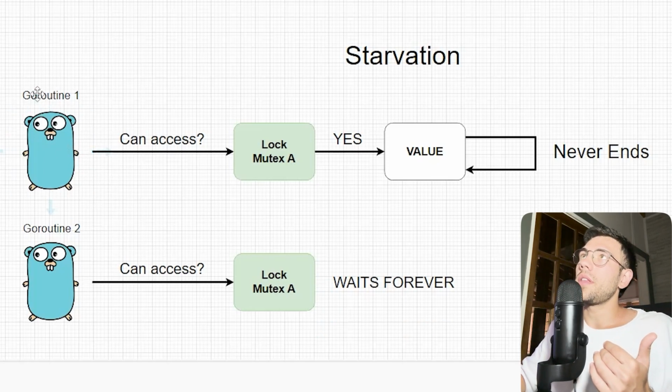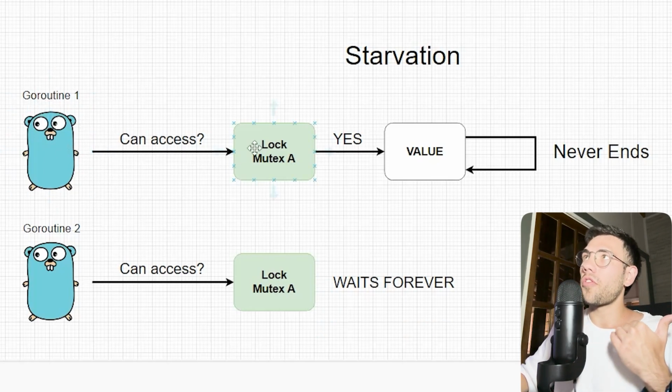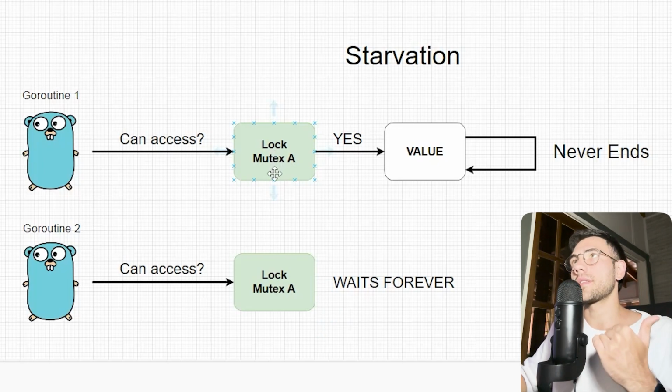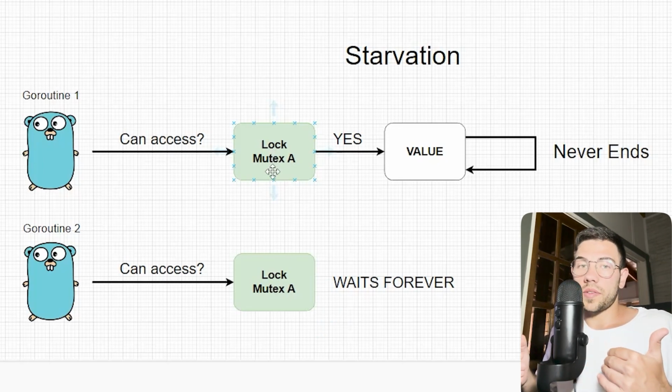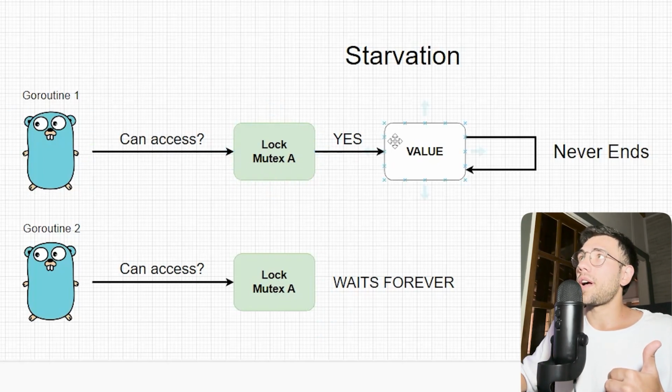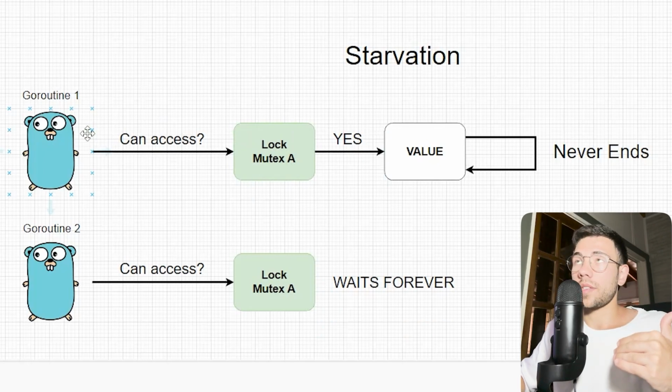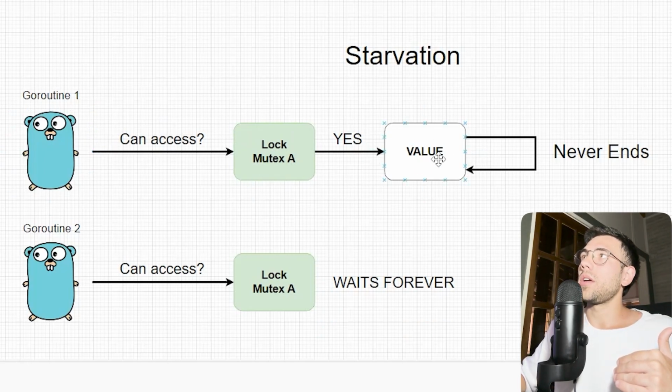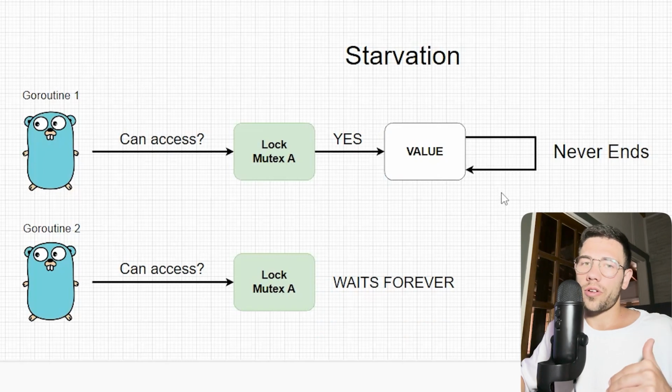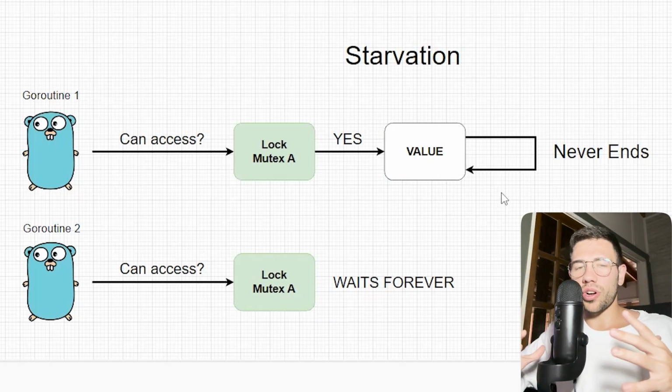Like you can see here, coroutine number 1 accesses this mutex first, so it's the first coroutine to get access, and the mutex allows it to access this value, but this coroutine never unlocks the mutex. So it will use this value forever until the main program ends.